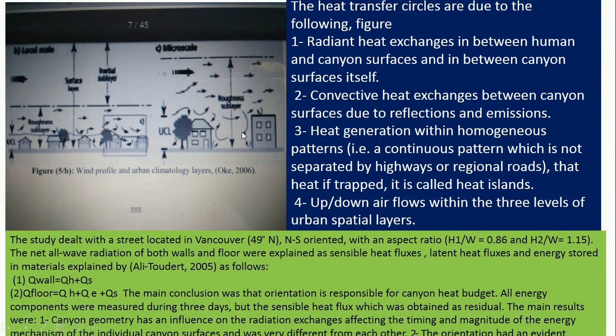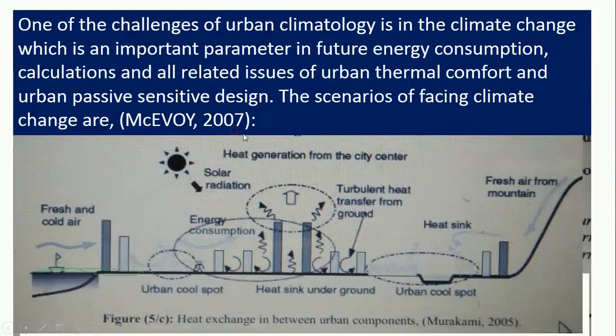between two tall buildings there is a circulation, and it is a radiant heat exchange between the human and canyon surface, and between the canyon surfaces themselves, with convective heat exchange between canyon surfaces. This is the energy consumption, solar radiation, turbulent heat. So within tall buildings there is a circulation of hot air.